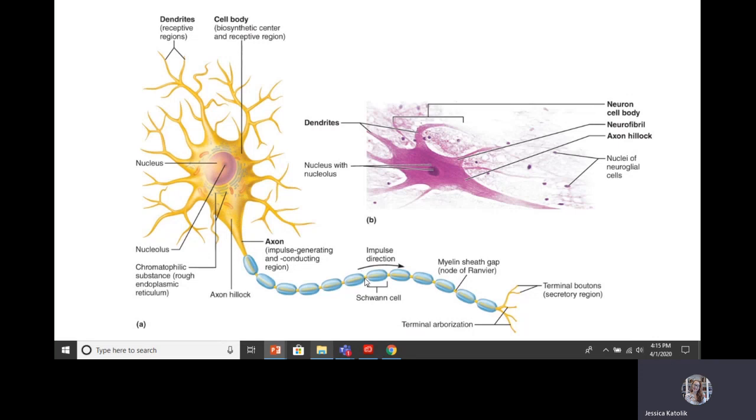Collaterals would be located here, branching off of the original axon and allowing for more complex neural circuitry. Over here, we would have the terminal arborizations and the terminal boutons, or the axon terminals, and they would allow for communication with other neurons. So that is the typical structure of a neuron.